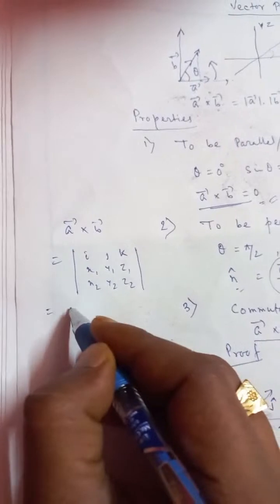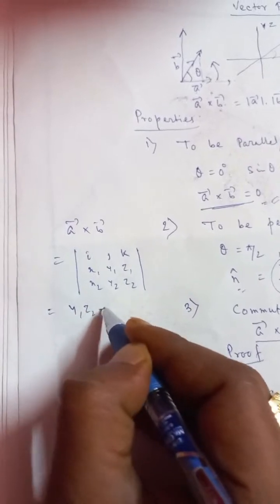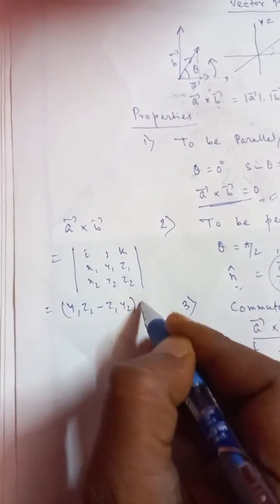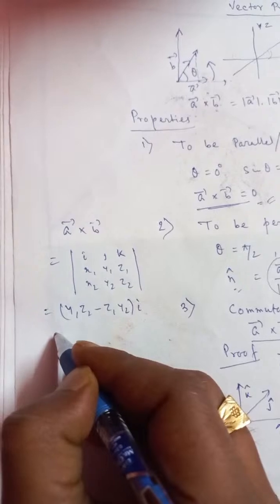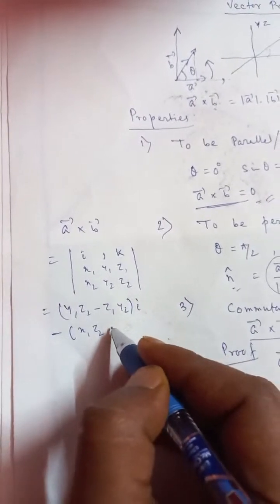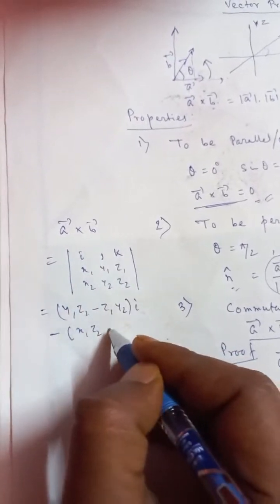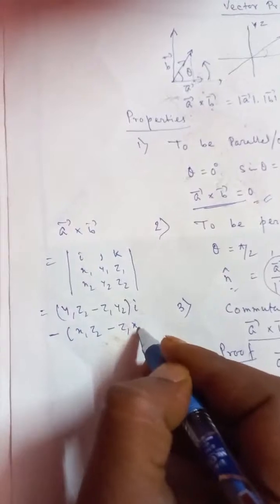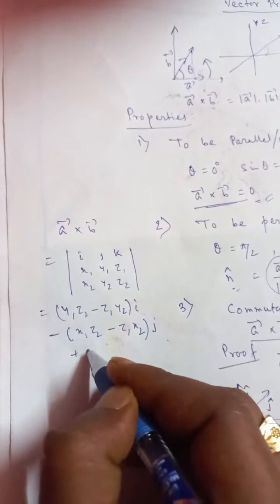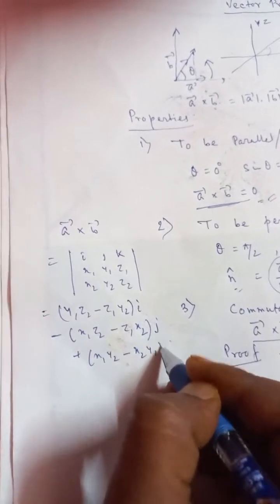So this will be (y1 z2 minus z1 y2) i, minus (x1 z2 minus z1 x2) j, plus (x1 y2 minus x2 y1) k.